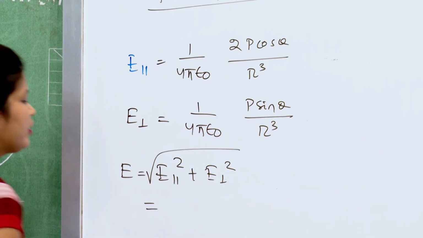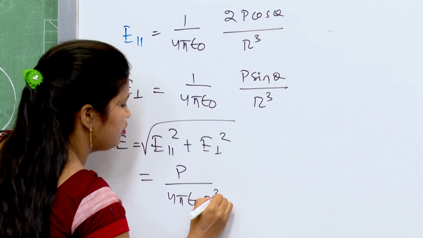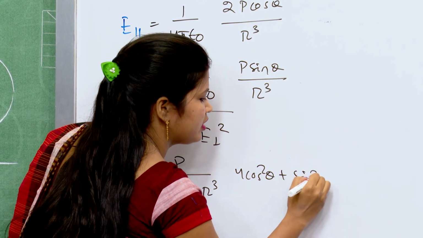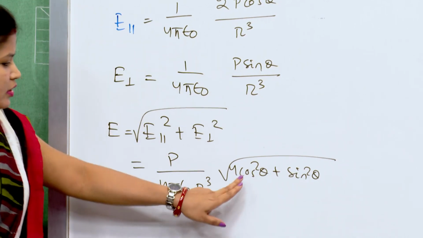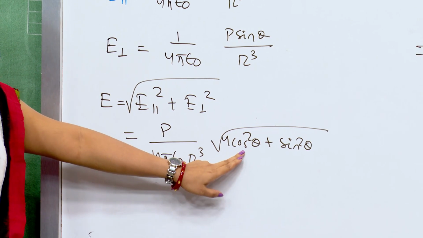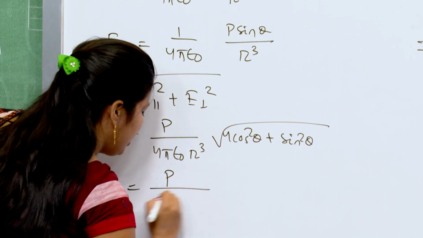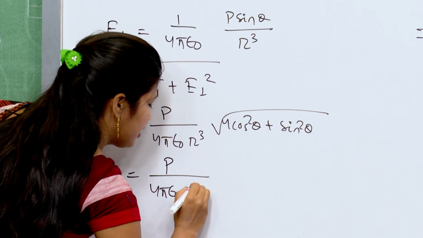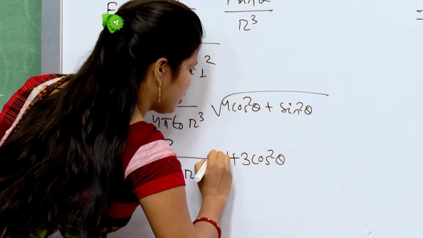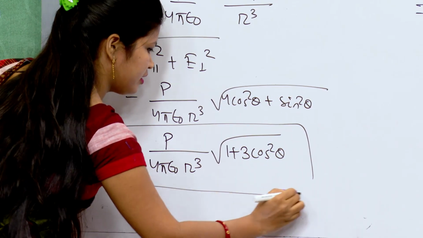On solving, we get p upon 4 pi epsilon naught r cubed times the square root of 4 cos squared theta plus sin squared theta. Writing this as 3 cos squared theta plus cos squared theta, and cos squared theta plus sin squared theta gives 1, we get p upon 4 pi epsilon naught r cubed times the square root of 1 plus 3 cos squared theta.